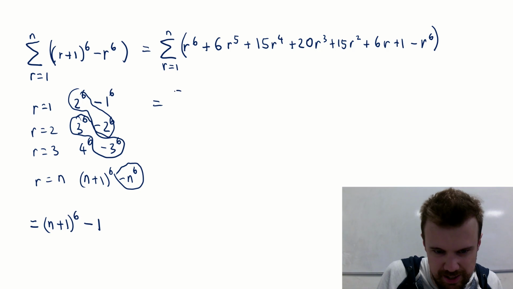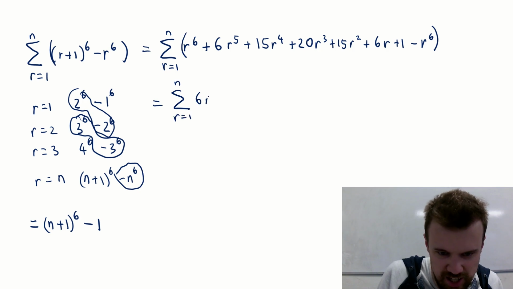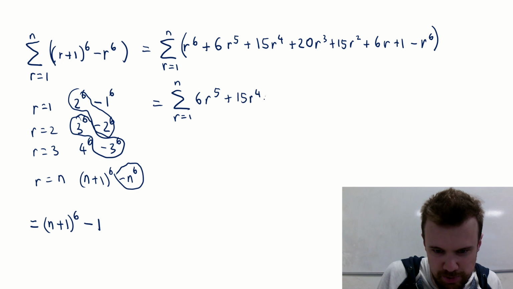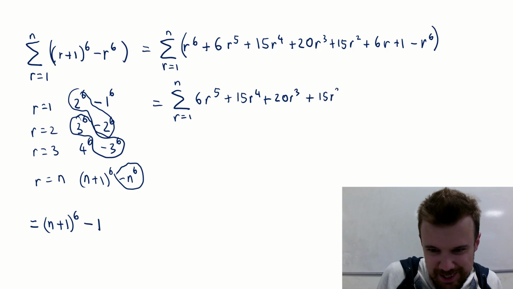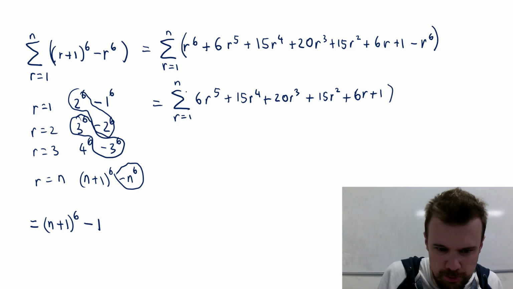Which means that this is secretly the series formula for just 6r to the power of 5 plus 15r to the power of 4 plus 20 r to the power of 3 plus 15 r to the power of 2 plus 6r plus 1. There you go.